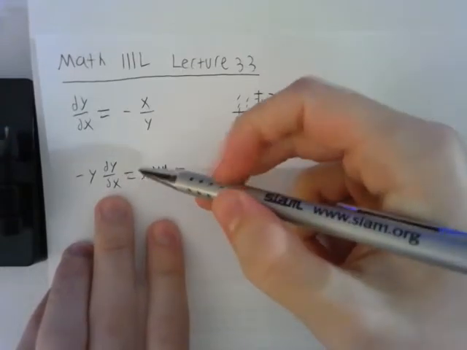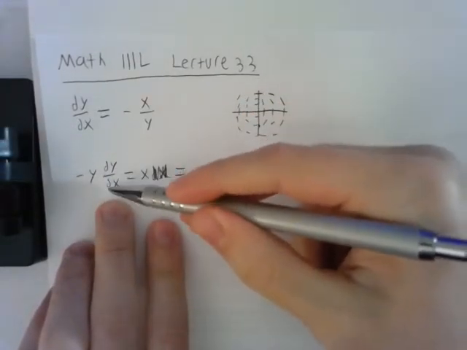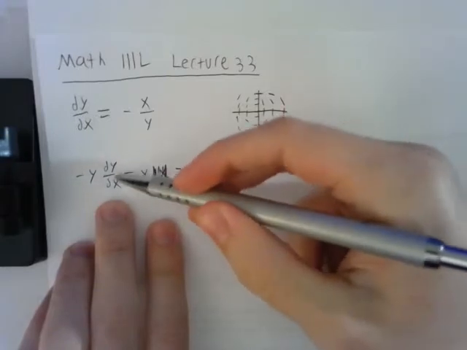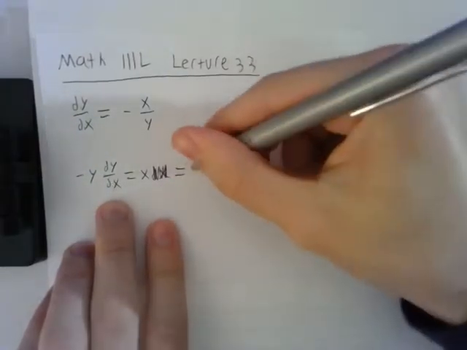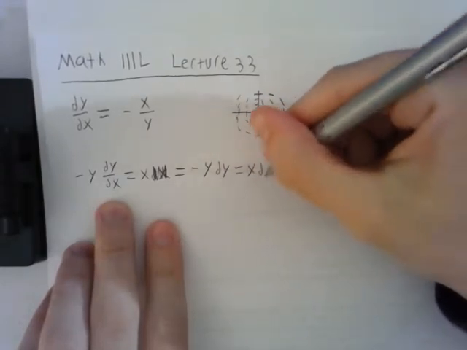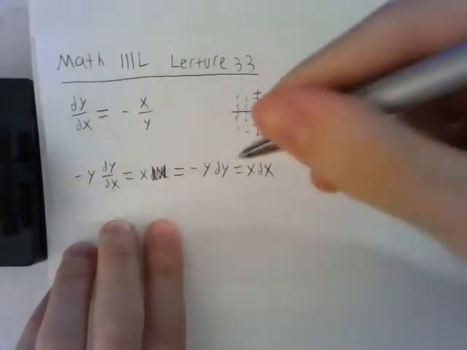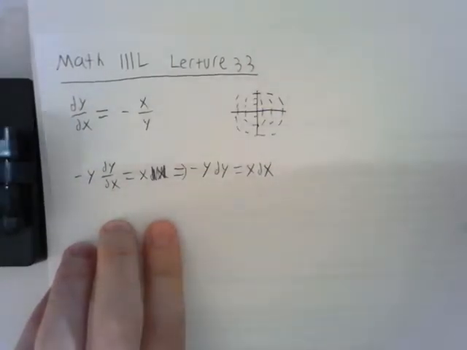But I'm going to go ahead and ignore all of that and treat this dx as though it's just the denominator of a fraction and multiply it to the other side. So I'll get negative y dy equals x dx. Again, a very questionable operation, but let's just see what this gives us.